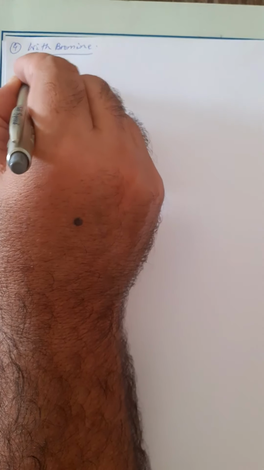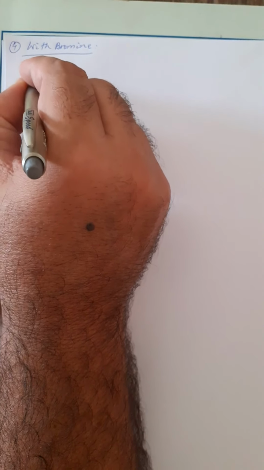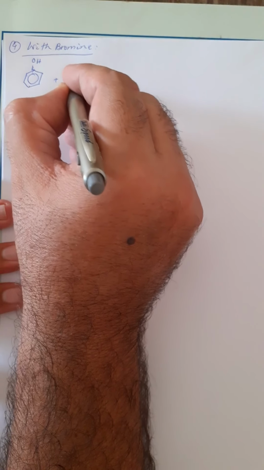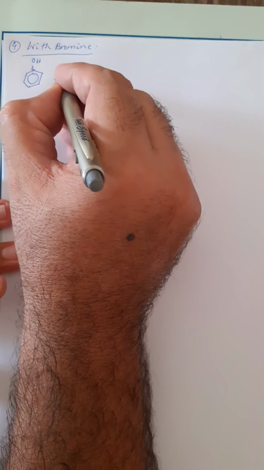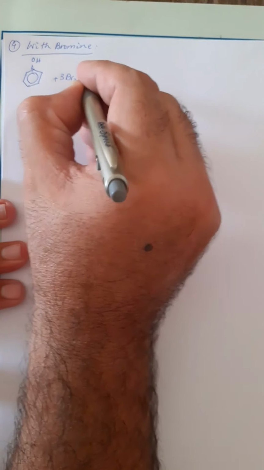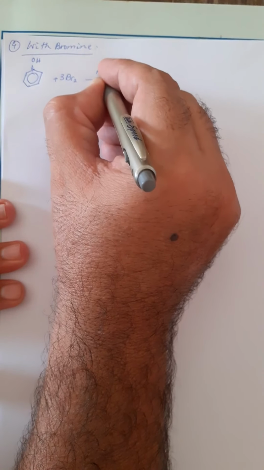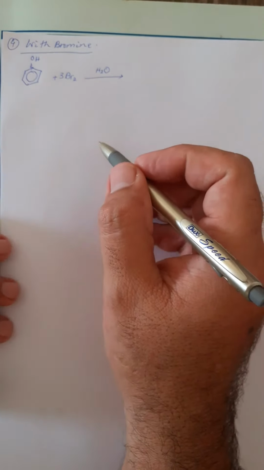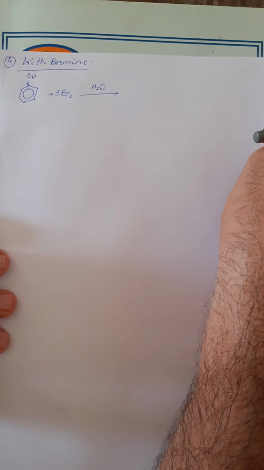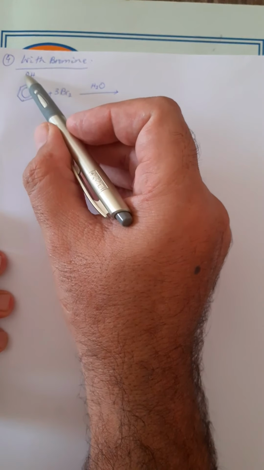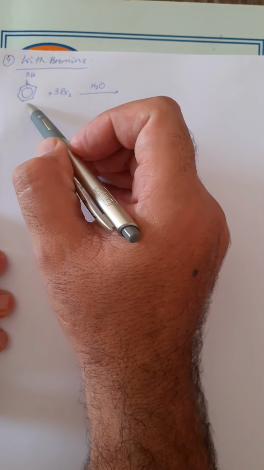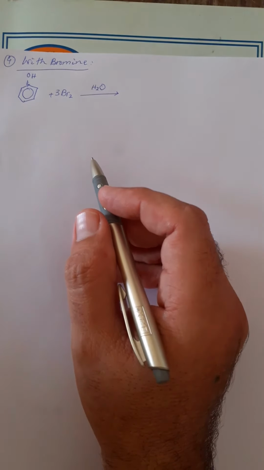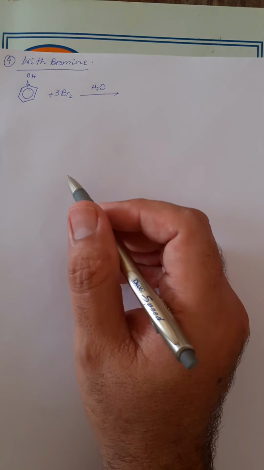So when phenol reacts with bromine in the bromine water, due to the reactive nature of phenol, the bromine is substituted in place of hydrogen. Since OH is a ring activator, it will promote this ring to react further and pretty easily.